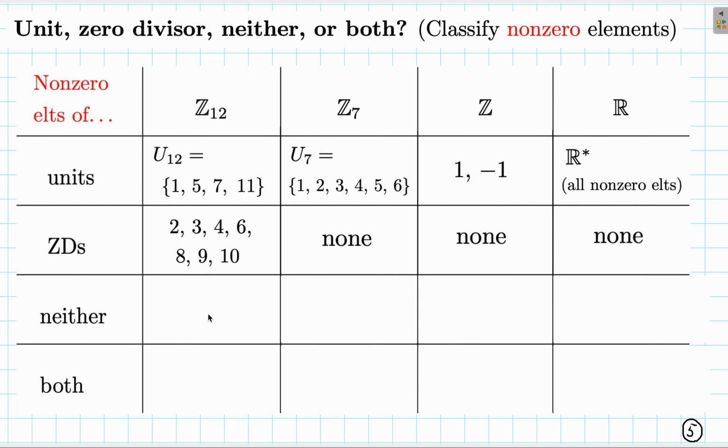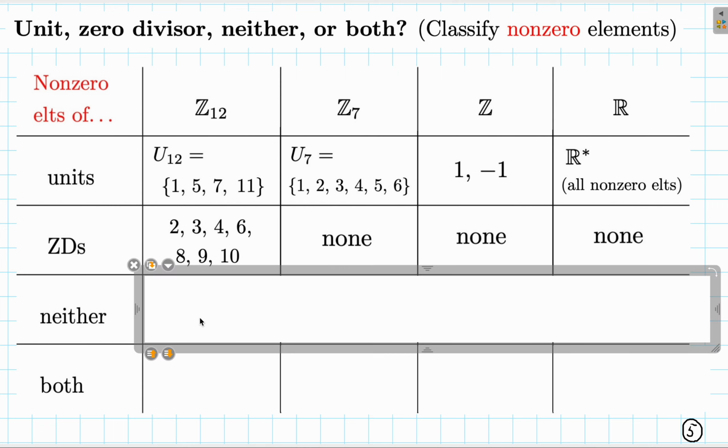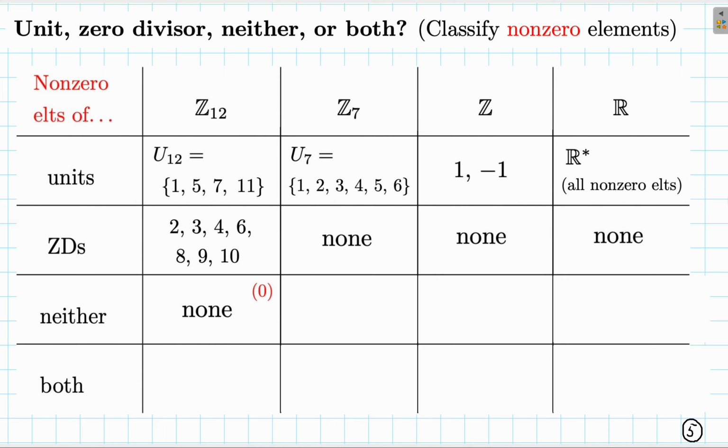Now, what about neither? We know that in any ring, 0 is neither a unit nor a zero divisor. But how about the non-zero elements? Well, starting with Z12, we see that all the non-zero elements, namely 1 through 11, show up as either a unit or a zero divisor. So there is no neither element besides 0 in Z12.